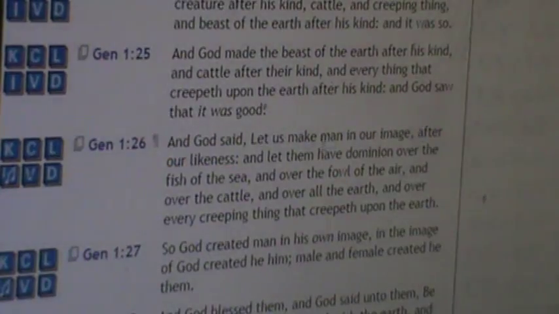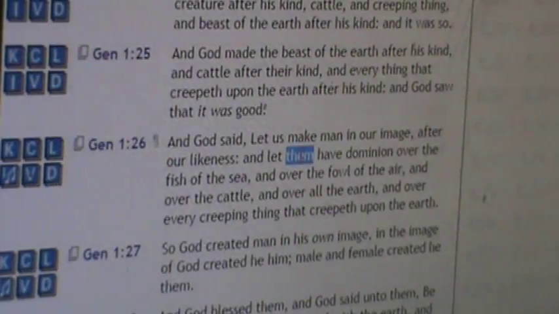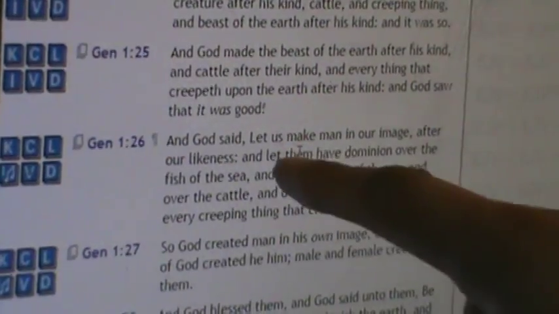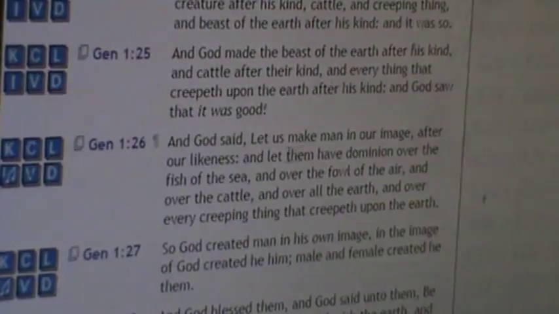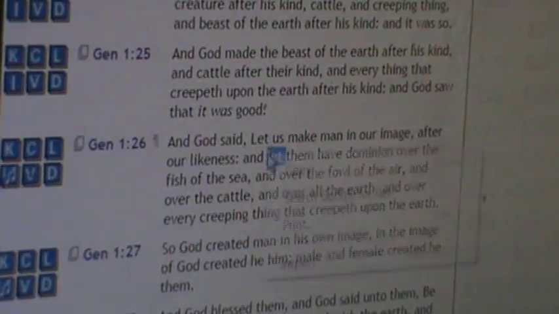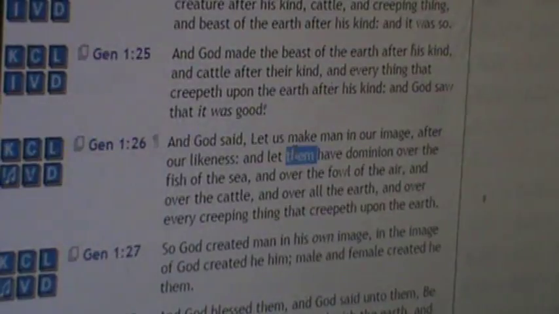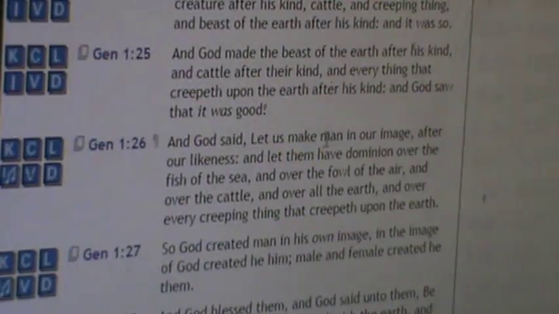Again, divides by 3. And let them, I want to say the word them is Father. 3 plus 2's, T-H-E, and 1 plus 1, them. So here's a string of plus 1's. And, let, them, Father, man, Father, have.